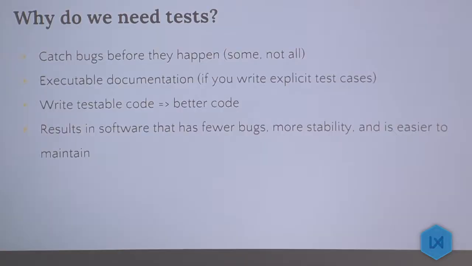They can work as executable documentation, but only if you write explicit test cases. It makes you write testable code, which leads to writing better code, and it usually results in applications that have fewer bugs, are more stable, and easier to maintain.